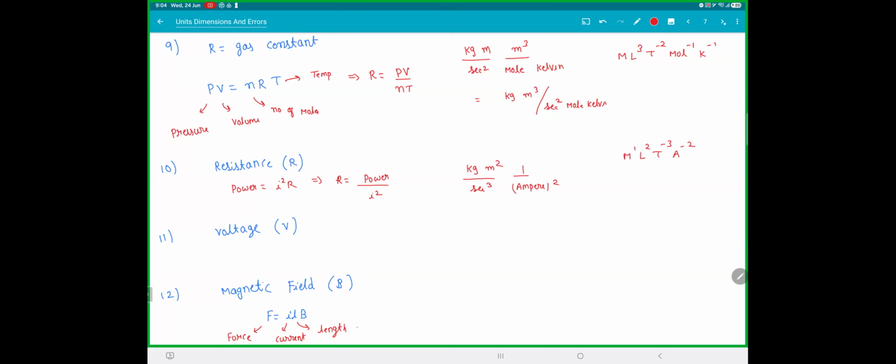What about voltage? Again, we'll use the same formula, power is voltage into current. So V is equal to power by I. Kg meter square by second cube by 1 by ampere. So this is M power 1, L square, T minus 3, ampere power minus 1. Shouldn't that be kg per meter in gas constant?